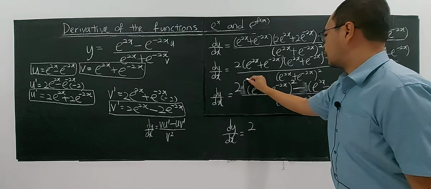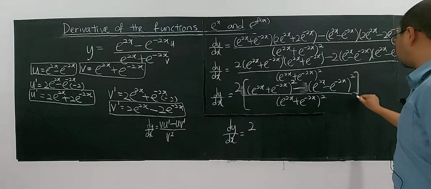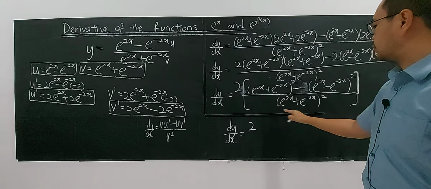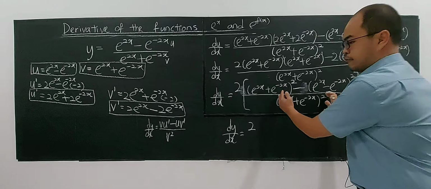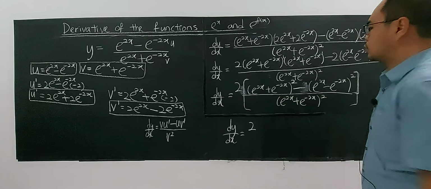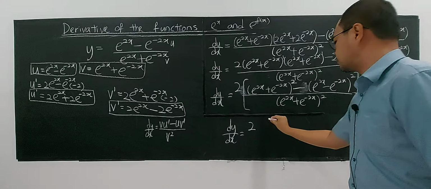So further, I combine everything here. This is a single fraction, because I consider everything as one term. Then I take this, divide by this.